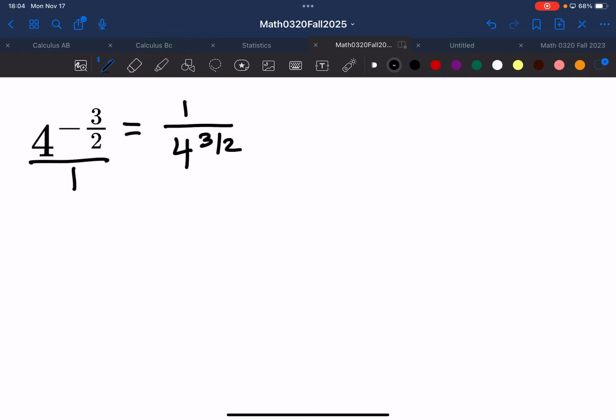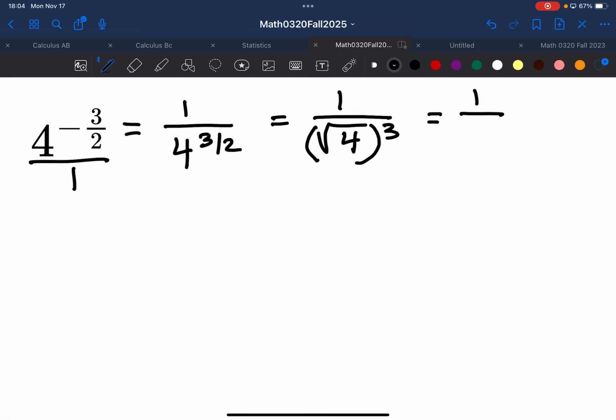Okay. Then we convert it to a radical. So what number there represents the radical? 2. And that means we're going to do what type of root? A square root. So this is going to be 1 over the square root of 4 to what power? 3rd power. Well, what's the square root of 4? 2.